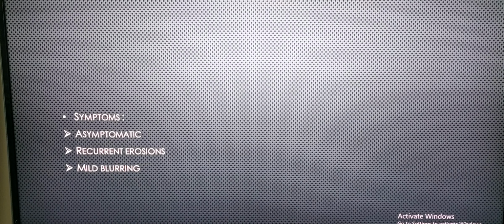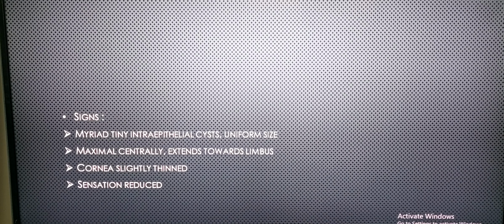Patients are usually asymptomatic or they can present with recurrent corneal erosions and mild blurring. Signs are tiny intraepithelial cysts which are of uniform size. They are maximum centrally and they extend towards the limbus. The cornea is slightly thinned and sensations are reduced.